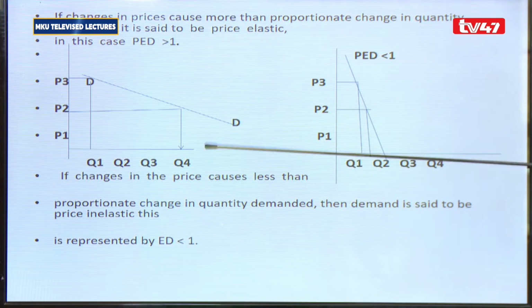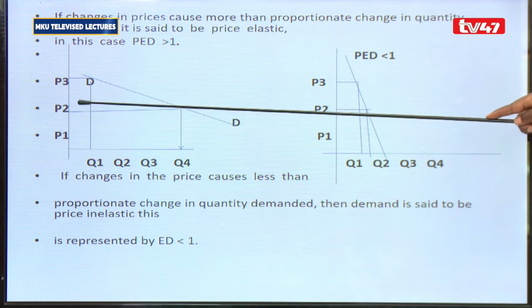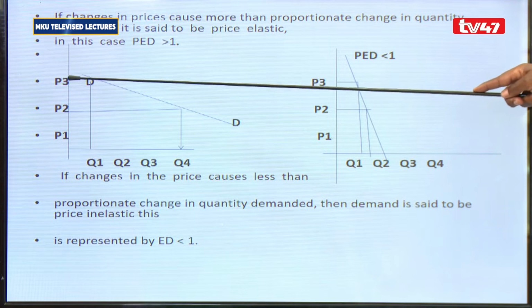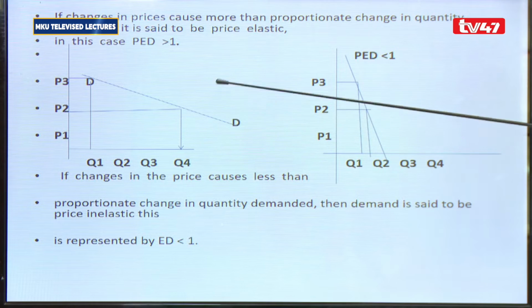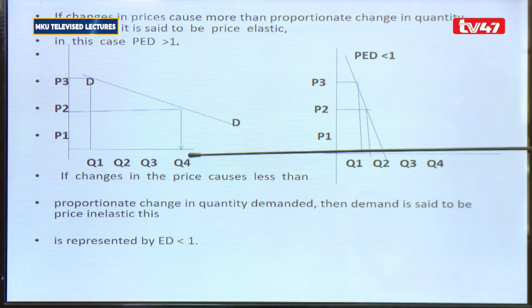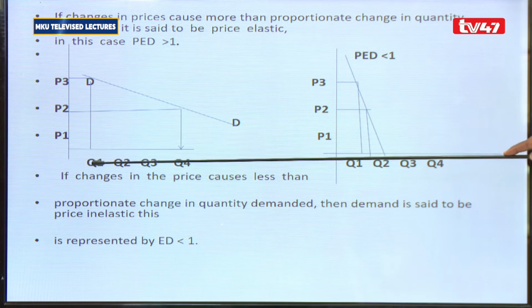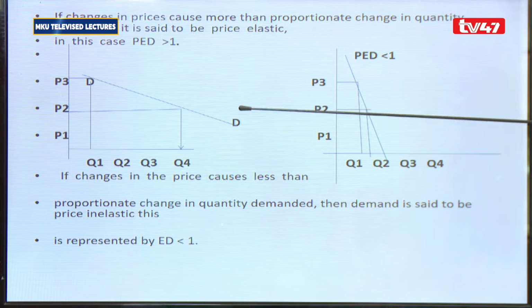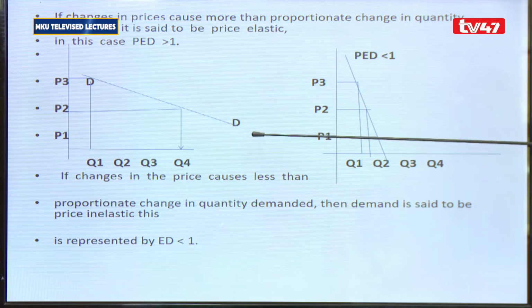But now, the price has just moved a bit, just from P2 to P3, a 1 unit change. But see what happens. The quantity demanded decreases from 4 units to 1 unit, meaning the degree of response is very big, greater than 1.